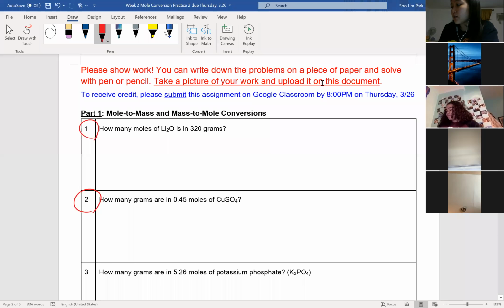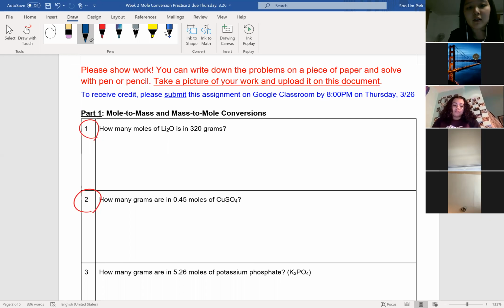So our first question here is, how many moles of lithium oxide, Li2O, is in 320 grams? Our first step is to figure out the molar mass of Li2O. I already have that down over here, and I got 29.8 grams per mole.